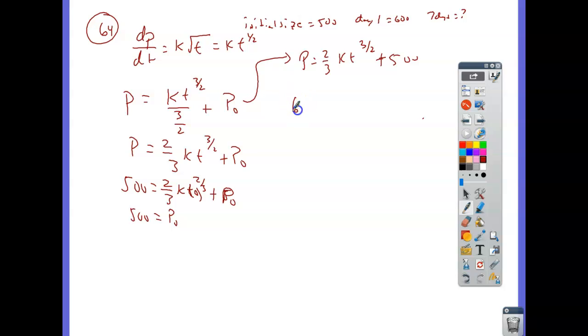Okay. So I'm going to put a 600 in here. I should get 600 when my t is equal to 1. Do a little mathage.